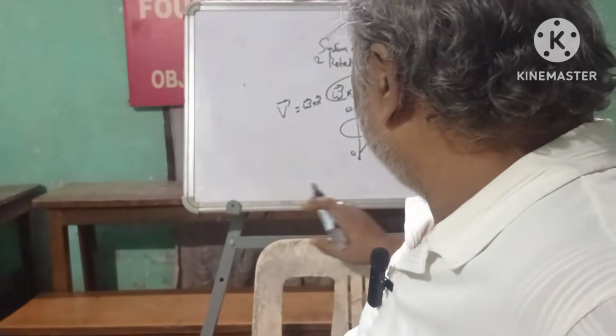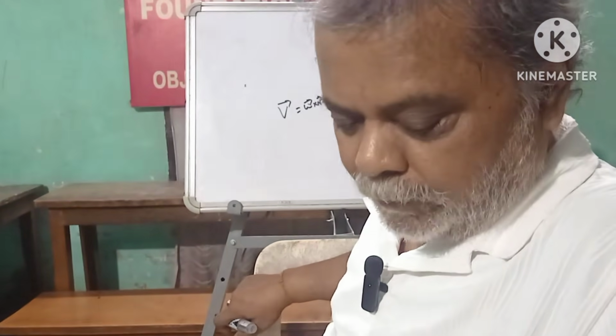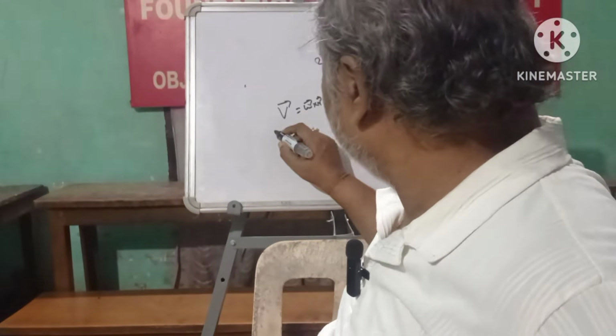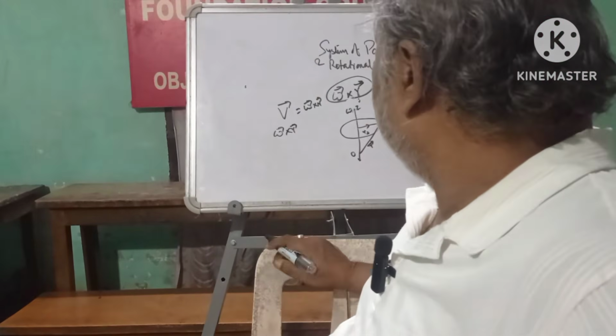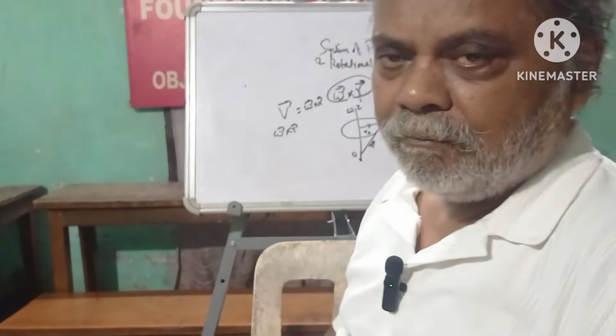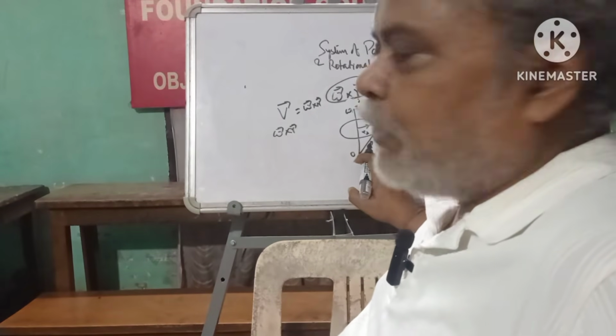And the most important thing explained here is this omega cross R. See here, this is the actual figure. This is your z axis, this is your origin, this is the axis of rotation.